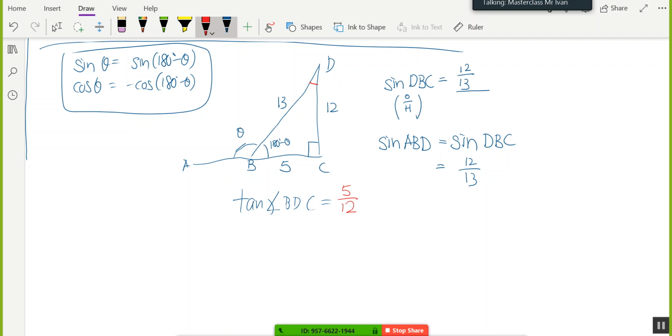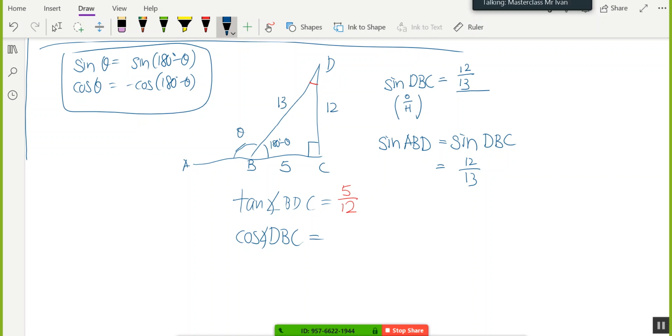Okay, so let me ask you, what is the cosine of DBC equal to? Megan. I just want the cosine of DBC. Negative only comes in when it's an obtuse angle.